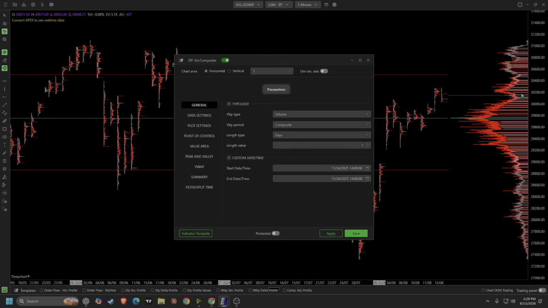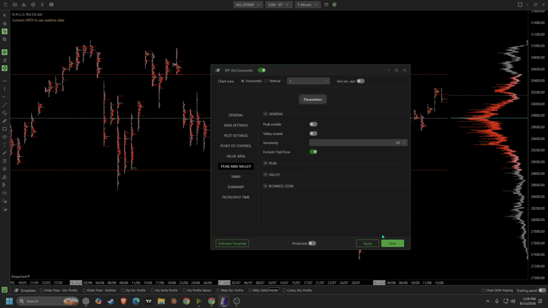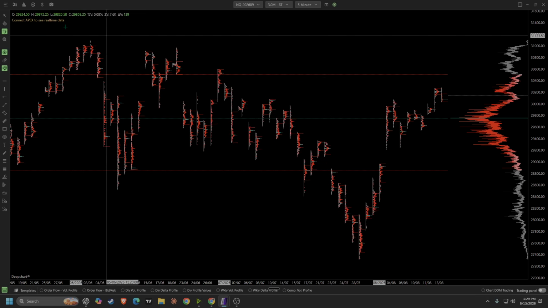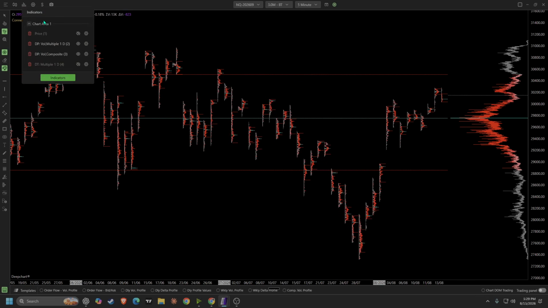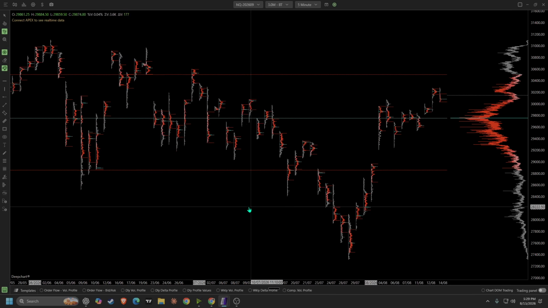But we have all these lines on the inside, and they tend to be a little bit distracting. So we're going to remove some data, and that cleans it up a little bit. Then we can do the same thing for the daily profiles: get rid of some of the peaks and valleys, and that cleans up the view for us.